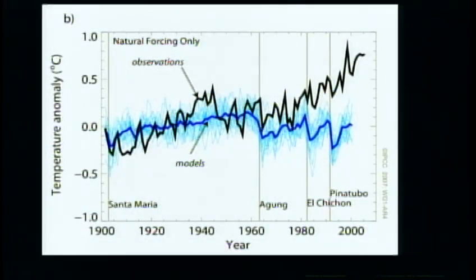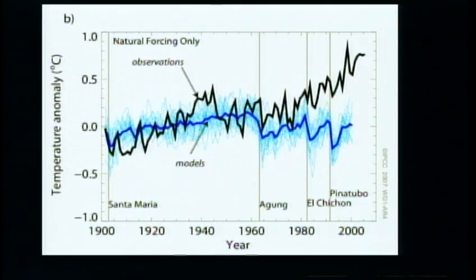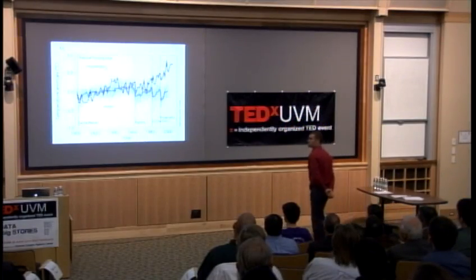The models still reproduce these cooling events due to volcanic eruptions. But the trend is gone. The 1 degree Celsius temperature increase, globally averaged, disappears. And the IPCC used this as evidence to conclude that it is very likely the case that humans are responsible for the observed temperature increase.